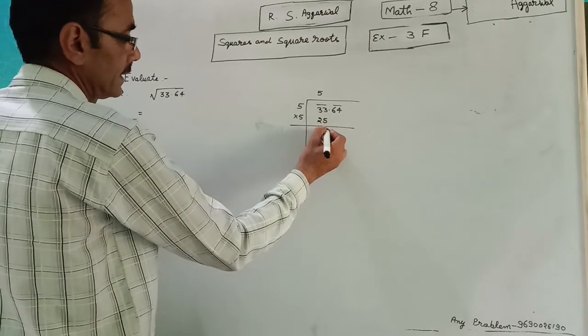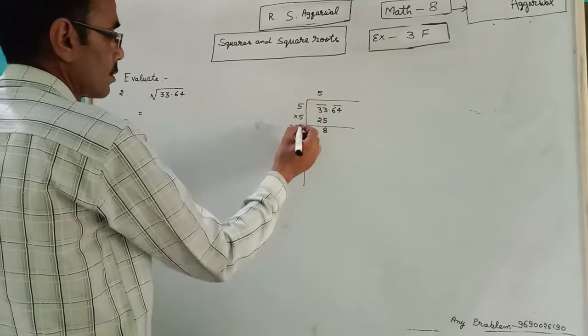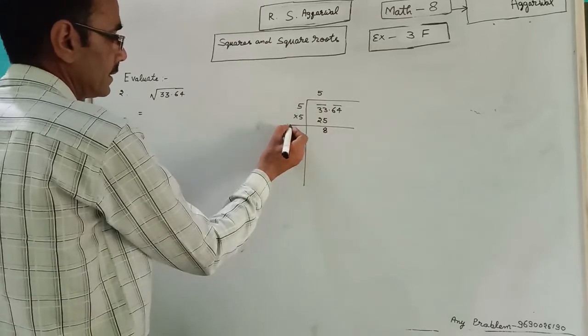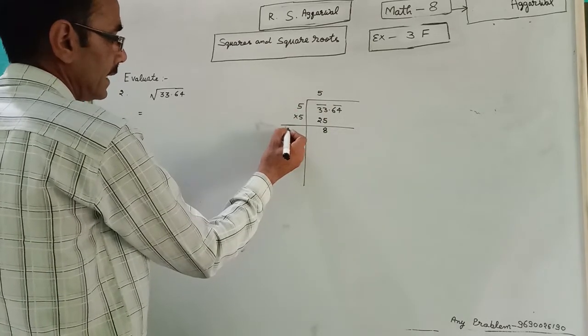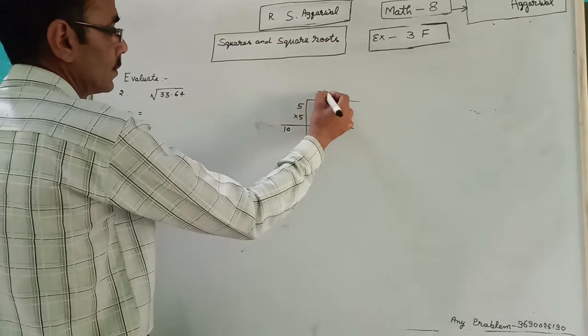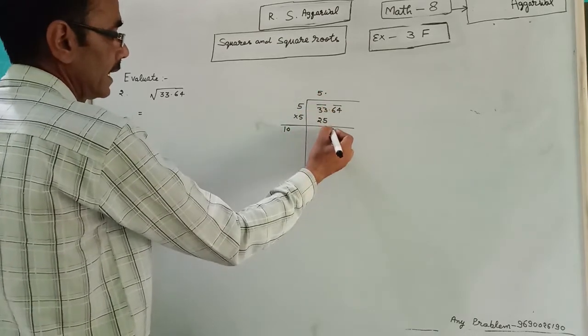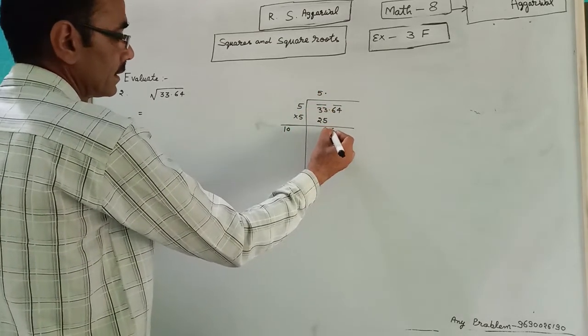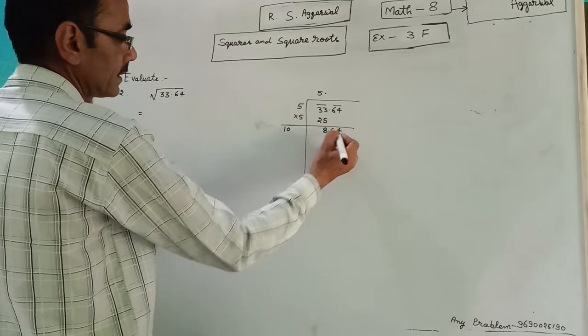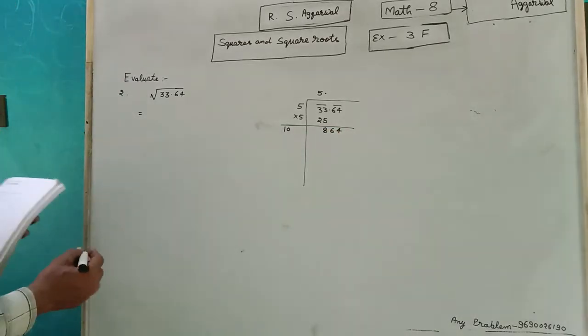After minus is 8. 5 double is 10. Point put here and 64 write the side of it.